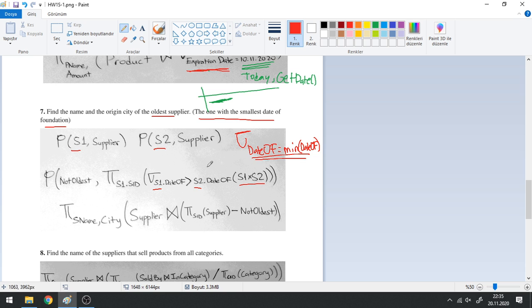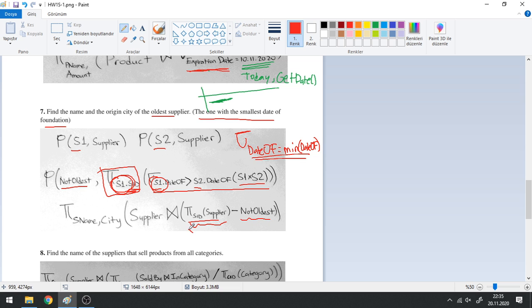The smallest date is going to be actually the one that is not the oldest in this comparison. So we are first finding the ones that are older than at least one other entry of this table. For this part, one of the important things is that the higher side is S1 and we are projecting the S1 side, and these should be compatible. So in order to get the difference for not oldest, it is the SIDs, so on the left side I need the SIDs as well.